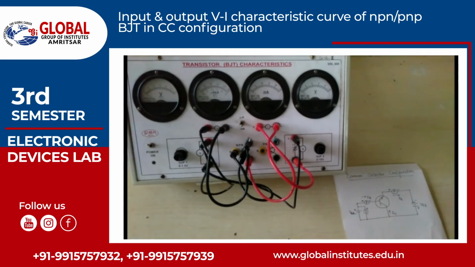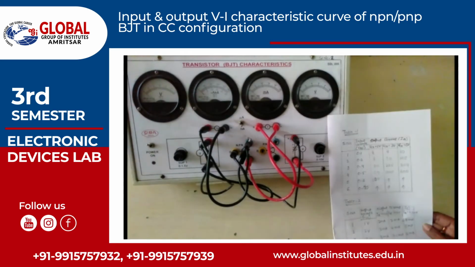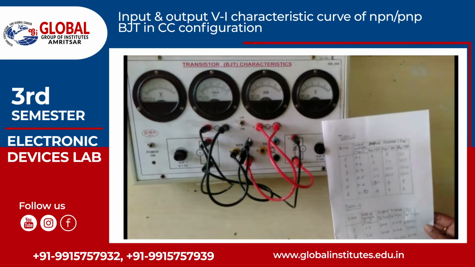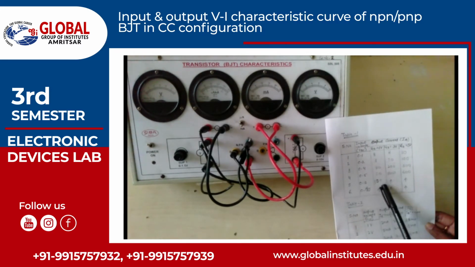Now we will draw the input characteristics. For input characteristics, we will keep the output voltage constant and vary the input voltage. According to input voltage, record the input current and draw its characteristics. This is the observation table for drawing the input characteristics of the transistor in common collector configuration.